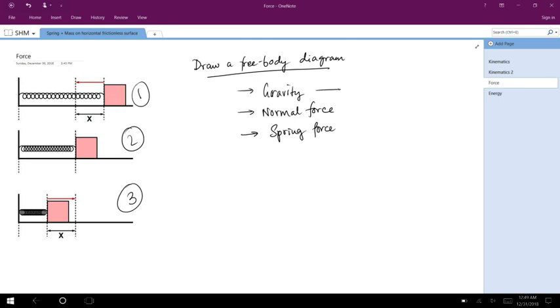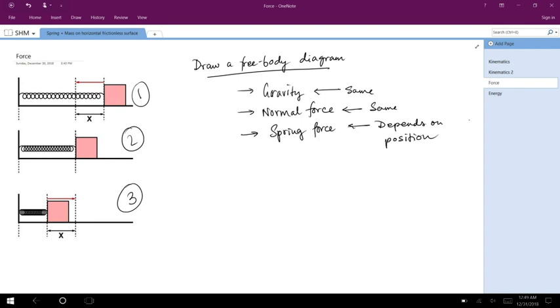Okay, so the force of gravity is always the same. Normal force also stays the same. Spring force depends on the position of the block. So the spring force actually depends on how much the spring has been stretched or compressed.